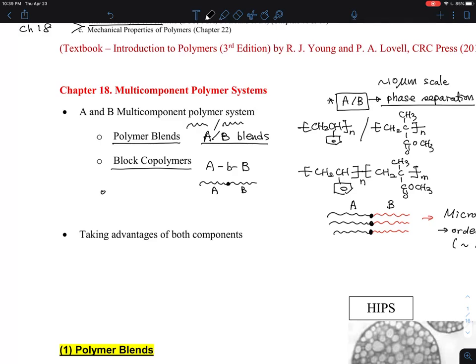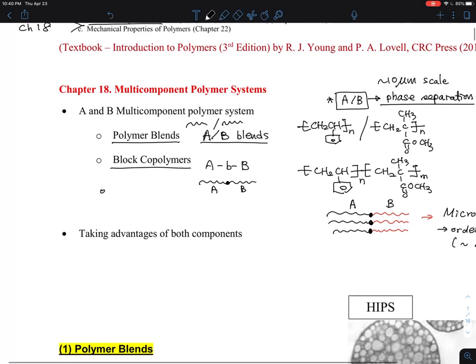And then the third one is, if you think about it, how about combining the properties together? Can we do the random copolymer? Random copolymer is A random B. Okay, this one has no phase separation.